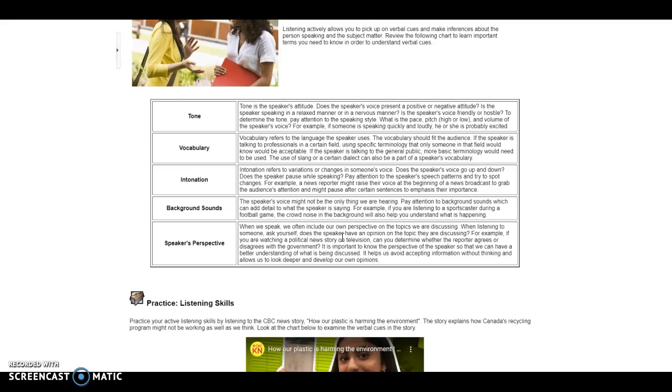You want to pay attention to what they're saying and try to determine what do they think about what they're saying and do I agree with that? So the more attention you give to the perspective or the opinion of the speaker, the more you're going to get out of what they're saying, and the more likely it is that you will look deeper at what they're saying and bring your own opinions to what they're saying as well.